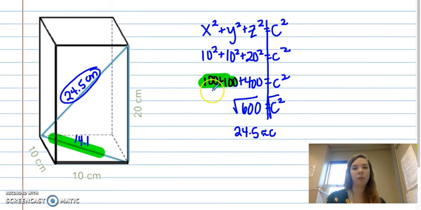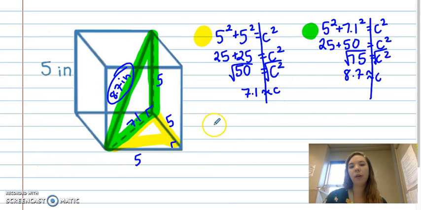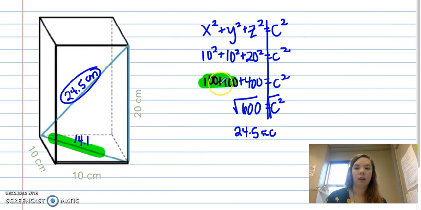So you can use this method, which I think most of you will choose because it's a little bit easier to do, or this method, but they're really the same thing. You're just doing this piece included in this formula. Okay, so that's how you do Pythagorean theorem in 3 dimensions with rectangular prisms or boxes.